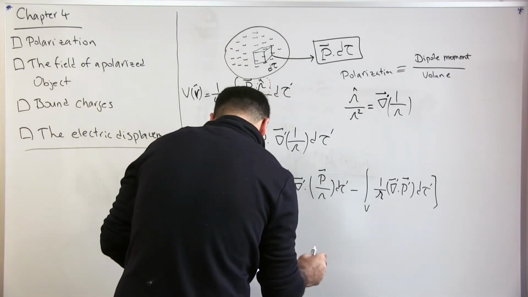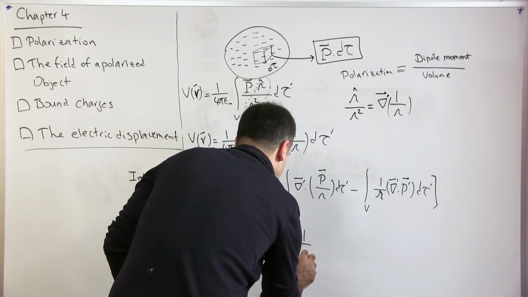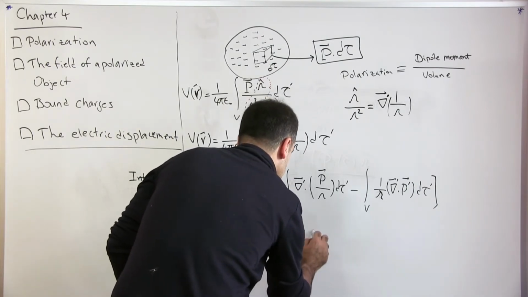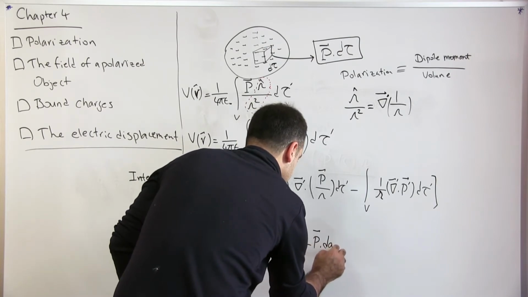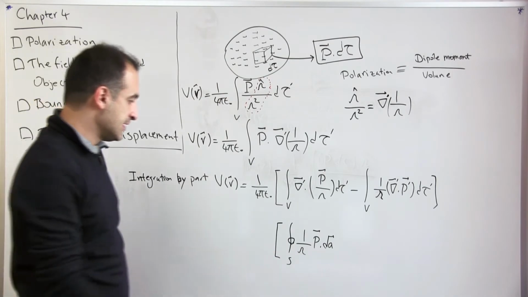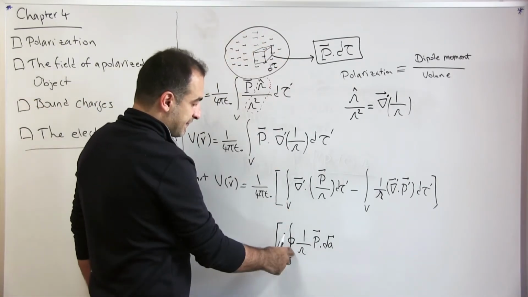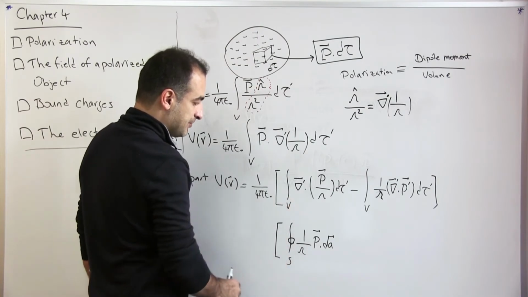So this can be written as the integral of 1 over r times P dot dA, where dA is the element on the surface. The integral again runs over the surface of the dielectric, a surface that encapsulates this volume here.